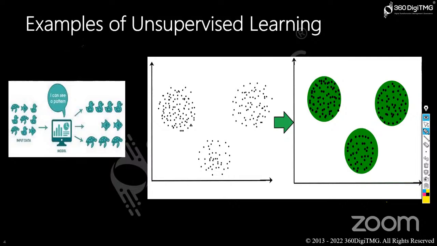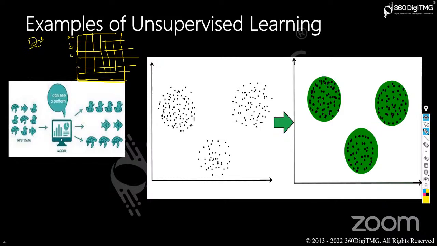This is my data set. Assume a very large data set. There are multiple records and different columns. Let us refer to the records as A, B, C, D, E, F, whatever the values are.